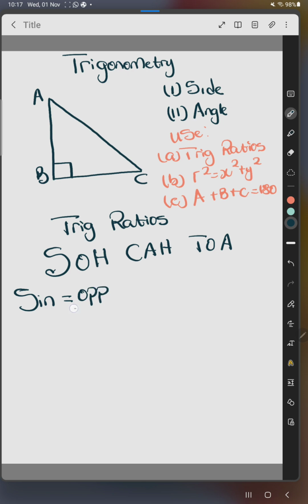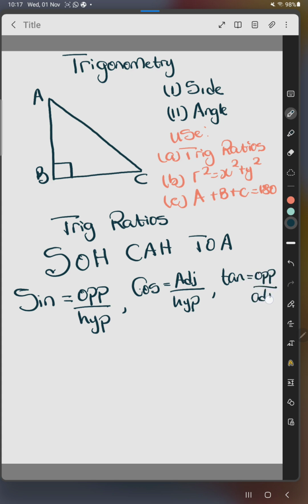It is the side that is opposing the angle, over hypotenuse. Then the cos is adjacent over hypotenuse. Then the tan is opposite over adjacent. Opposite over adjacent. That is very, very important to note.